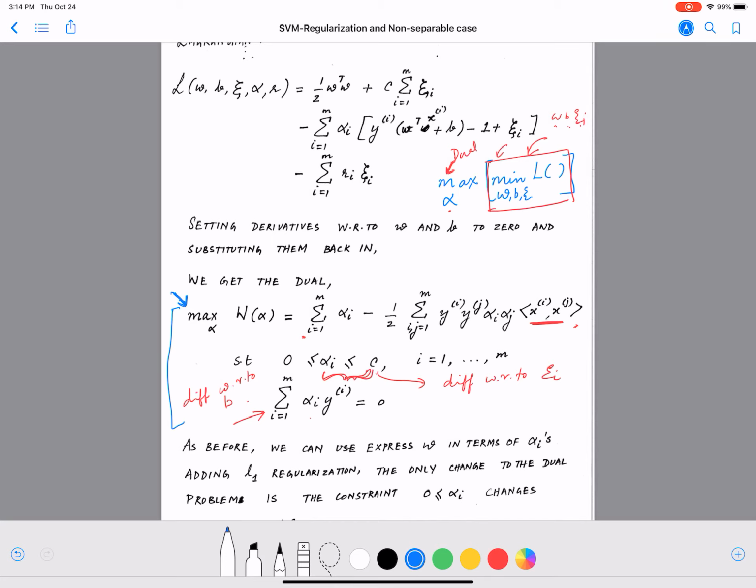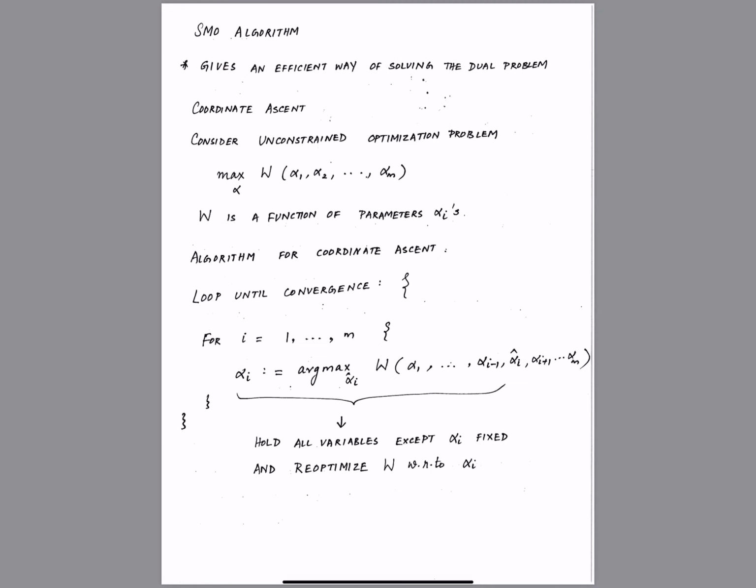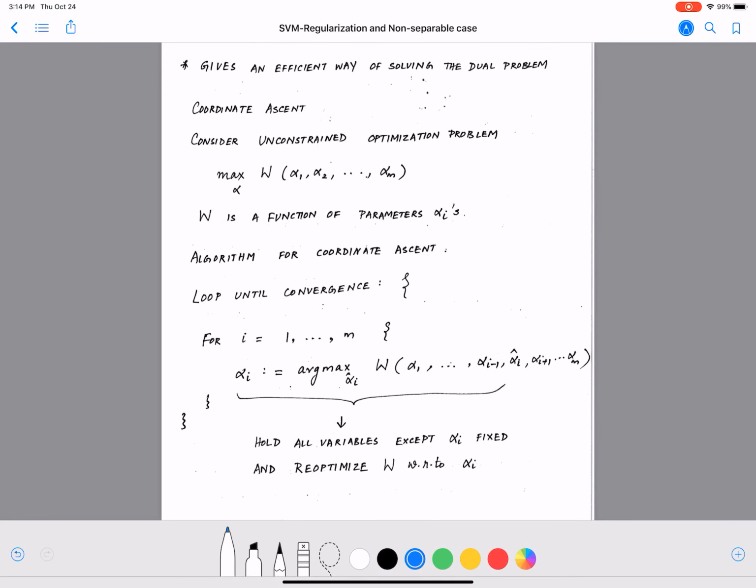To solve this, we're going to introduce an optimization algorithm. This algorithm is similar to gradient ascent. It's slightly different and it's called coordinate ascent.